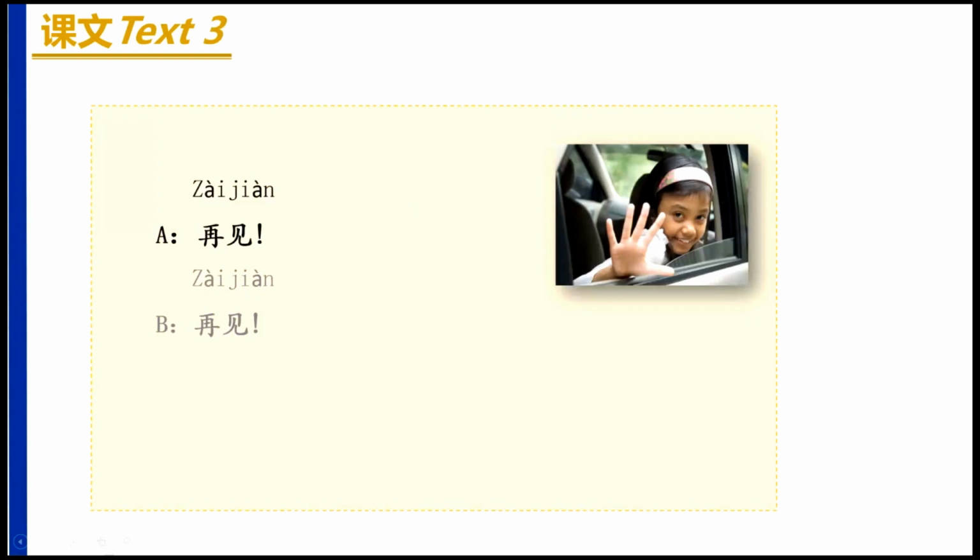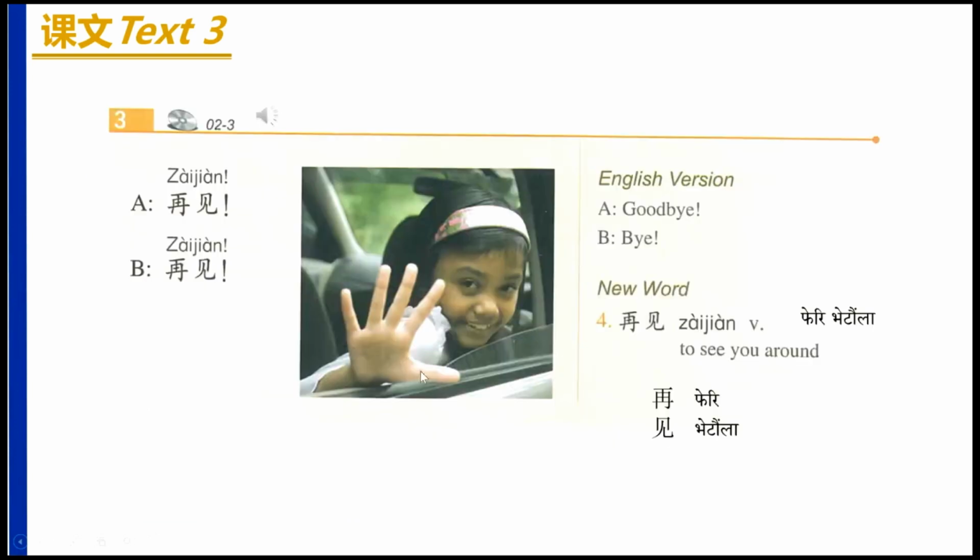Text 3. First, try to read on your own. 再见，再见。So this one is easy to guess the meaning, right? Just like this picture shows, this young lady here is saying goodbye. So 再见 means goodbye.